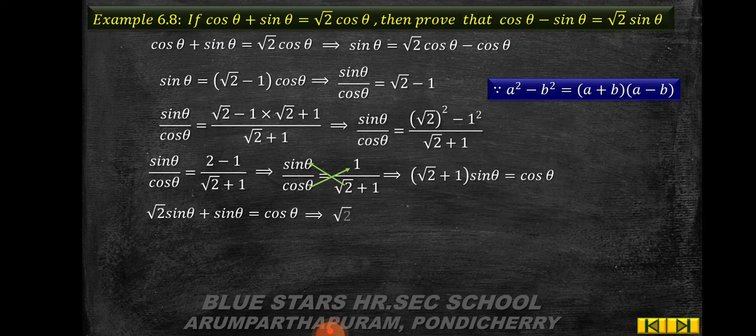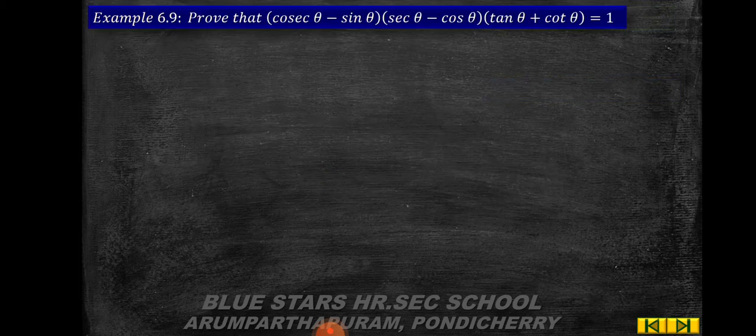This implies root 2 sin theta is equal to cos theta minus sin theta. That's what we have to prove. So we proved that cos theta minus sin theta is equal to root 2 sin theta. Hence we proved.